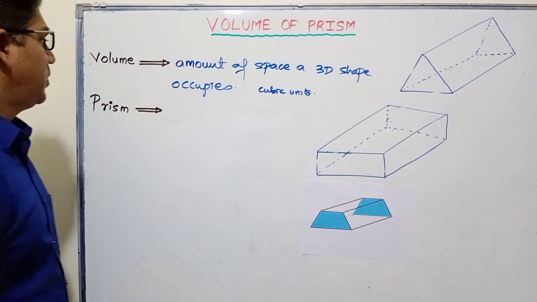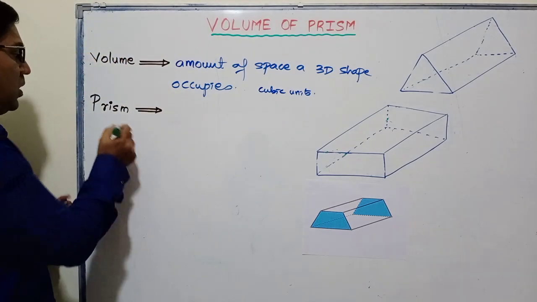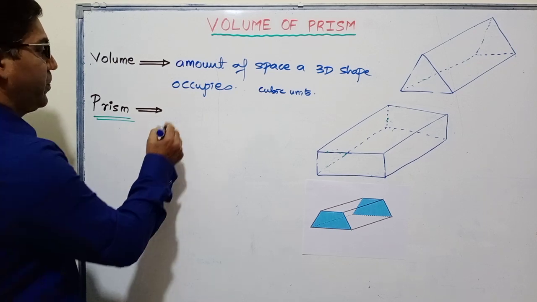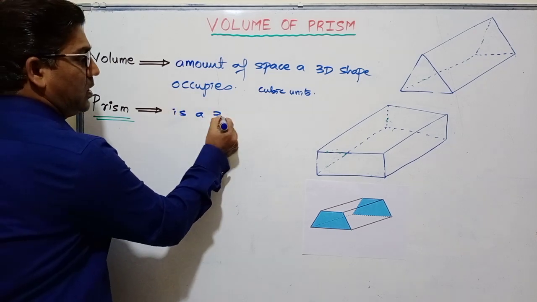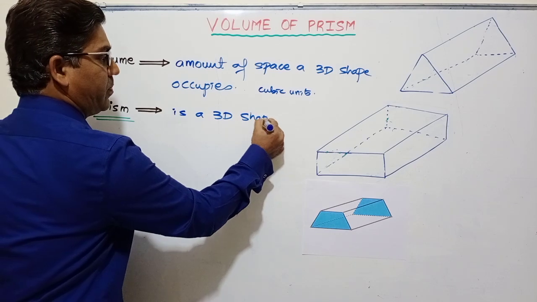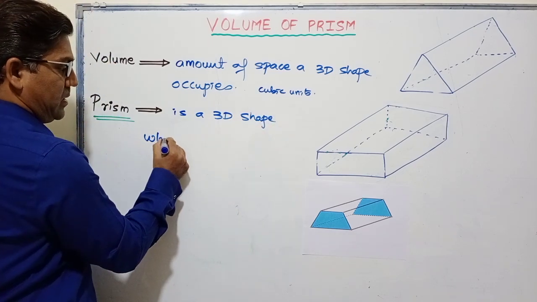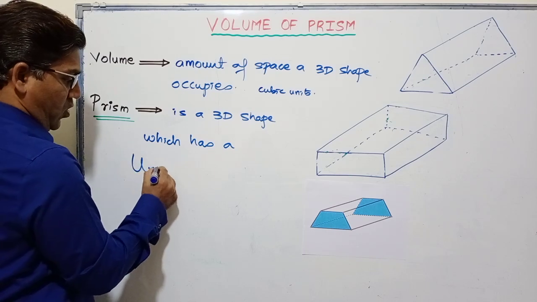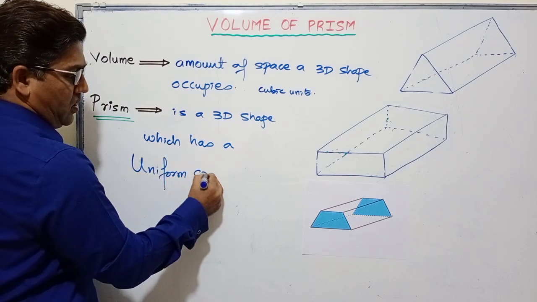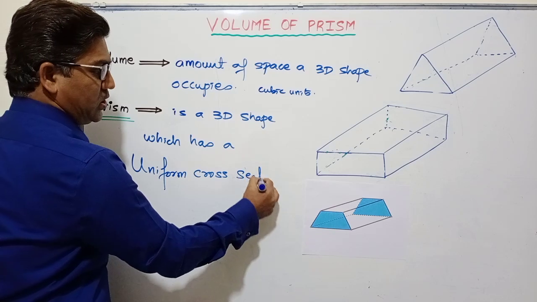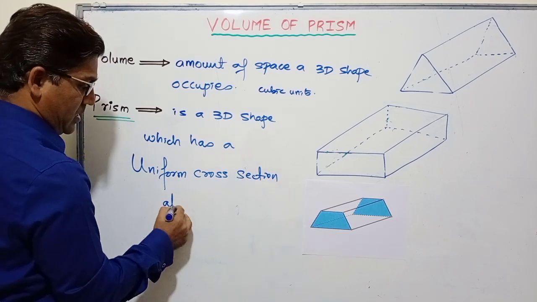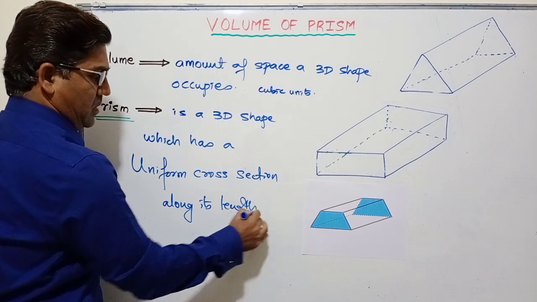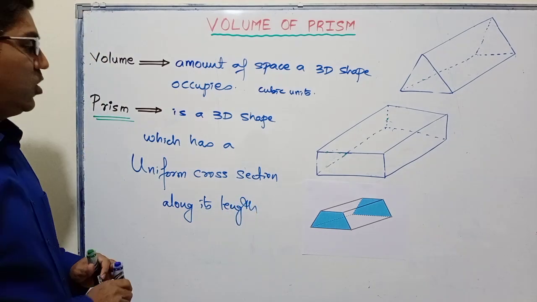Now, let's come to the second definition, that is a prism. A prism is a 3D shape which has a uniform cross section along its length.